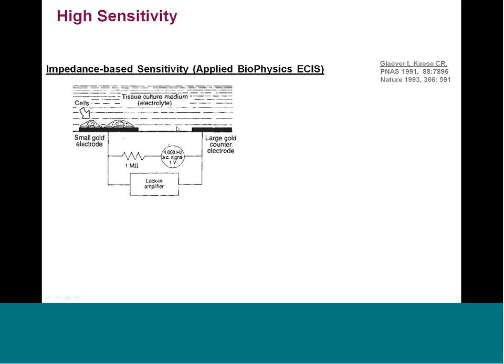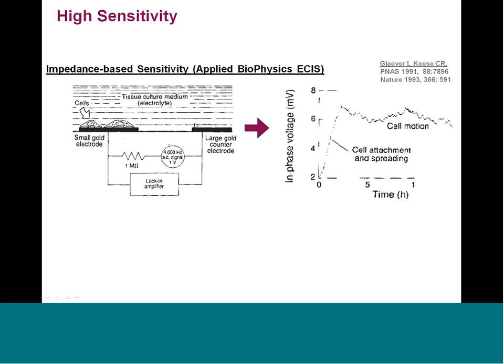And they would plate cells on one side and watch as they spread. And as you would imagine, as they spread and cover both electrodes, the impedance went up until they became confluent, and then it plateaued. They were concerned, though, when it plateaued, it was no longer a smooth trace, but became rather rugged. And they were concerned that that was a noise in the instrument or some other problem.